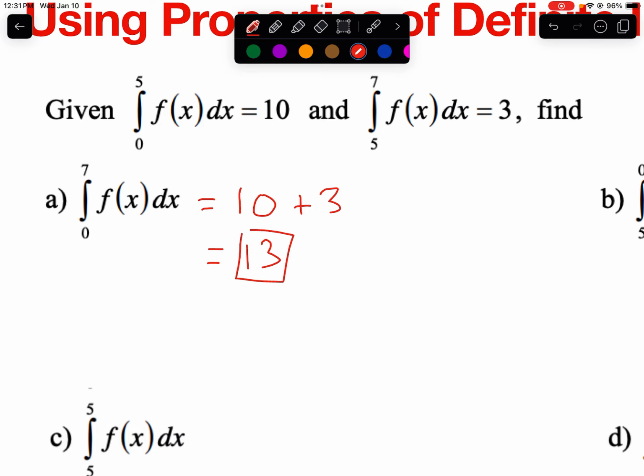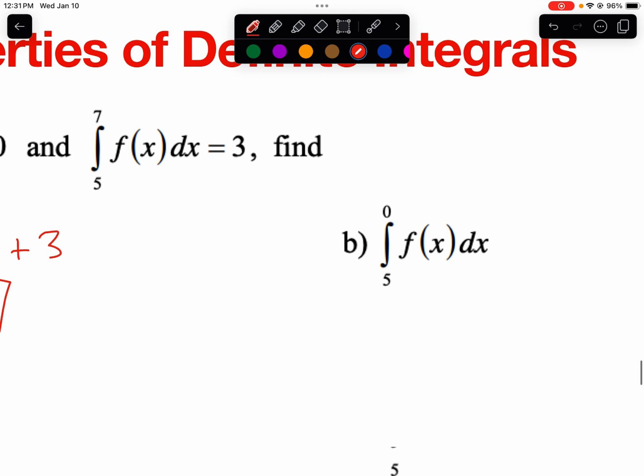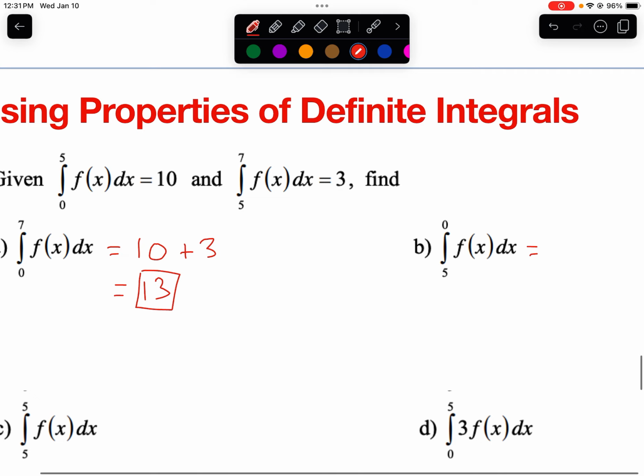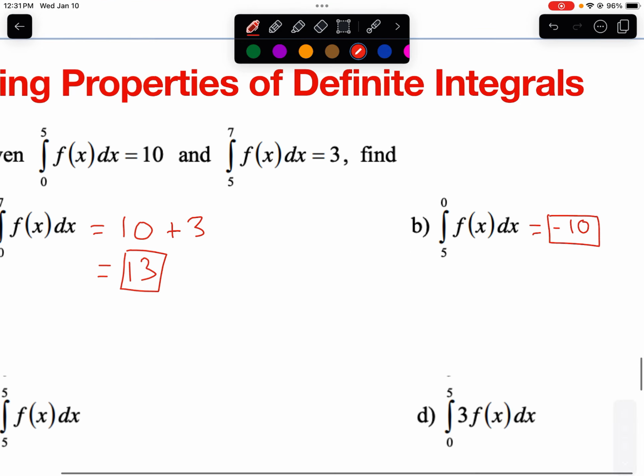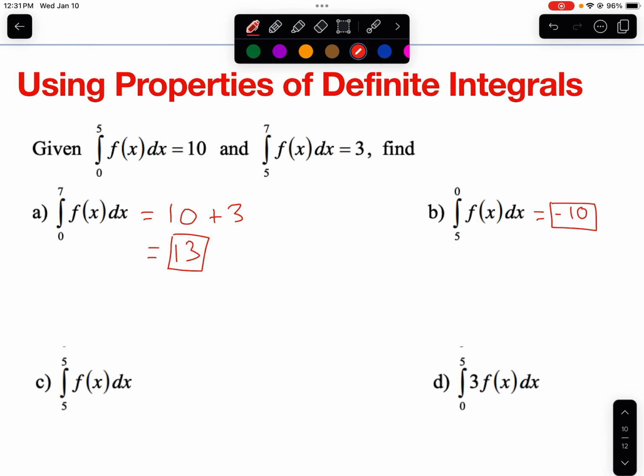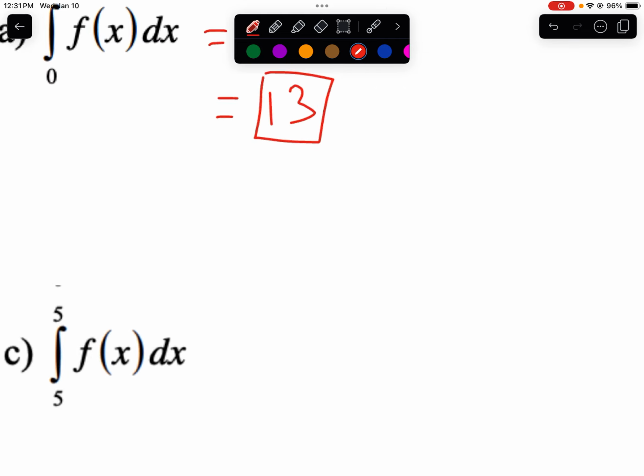There's that additivity property. Letter B, the integral from 5 to 0 of f of x dx. Well, we know what the integral from 0 to 5 is. That's 10. So using our order of integration property, then this would be the opposite of that, negative 10. Letter C, the integral from 5 to 5 of f of x dx.